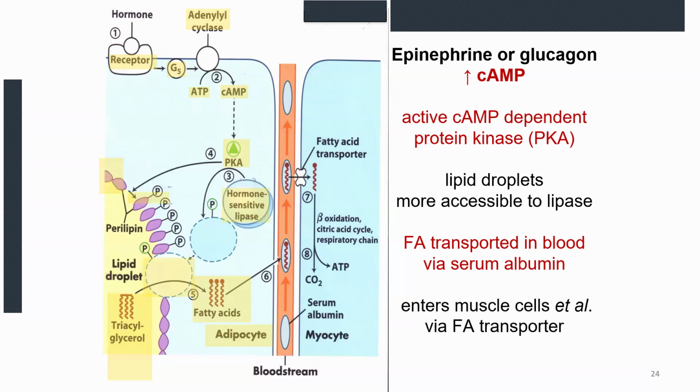So protein kinase A plays two roles in the metabolism of fatty acids. It causes perilipin to be reorganized, and it also causes hormone sensitive lipase to go to the right location. So PKA activates perilipin, and it also activates hormone sensitive lipase.